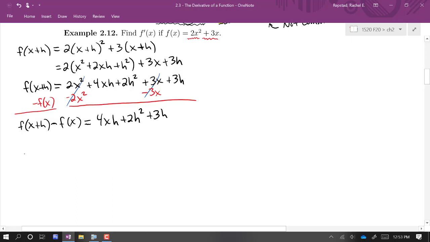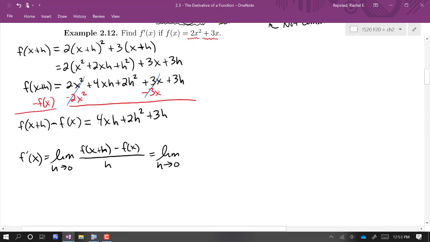So I'm going to start saying, okay, f prime of x is the limit as h approaches 0 of f of x plus h minus f of x all over h, and this is the limit as h approaches 0 of, well, the stuff on top is 4xh plus 2h squared plus 3h all over h.